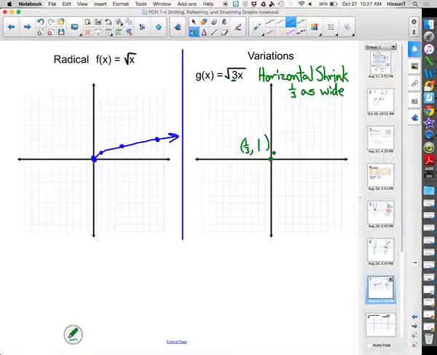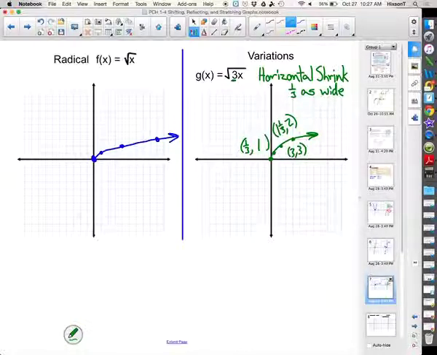Instead of 4, 2, where are we at? 4/3 or 1 1/3, 2. Okay? And then instead of 9, 3, we're at 3, 3. So here is our shrunken, or compressed, radical function.